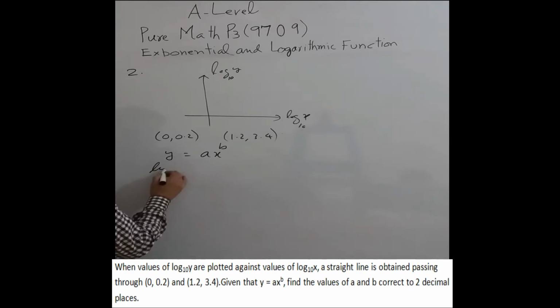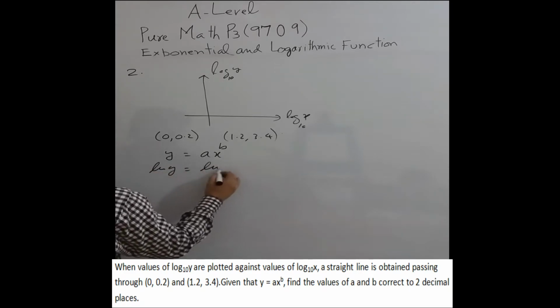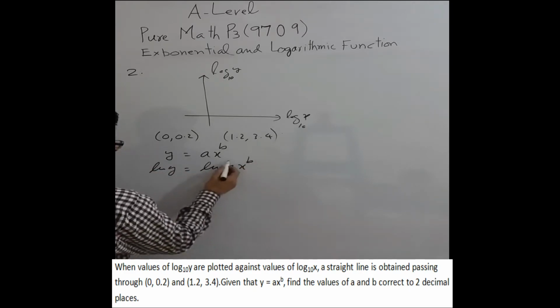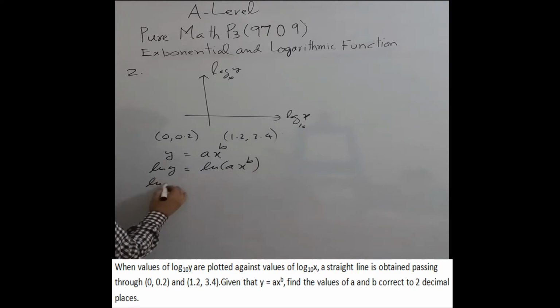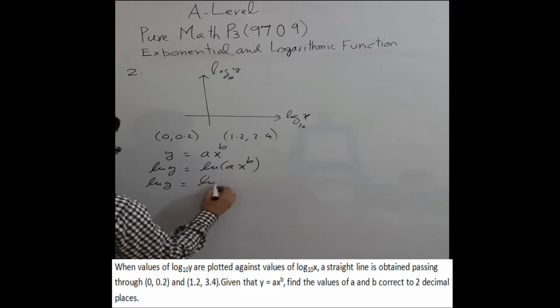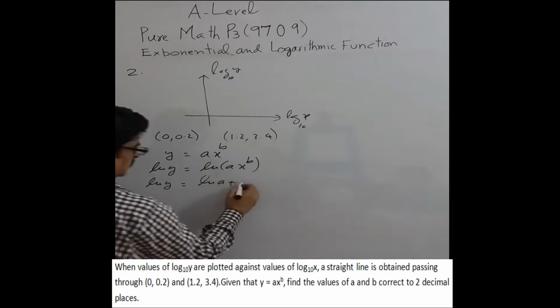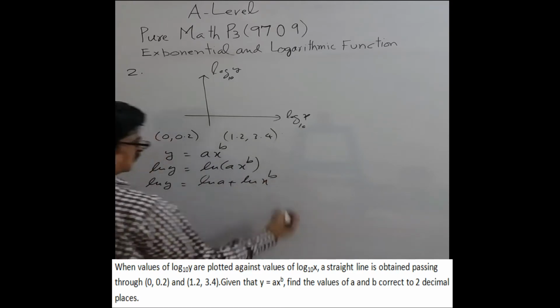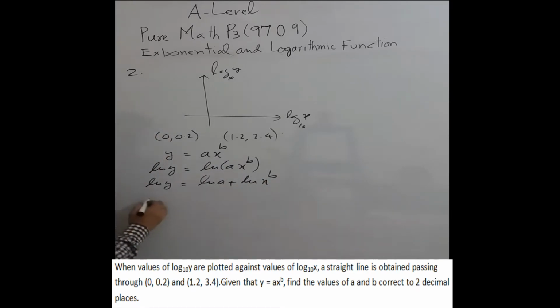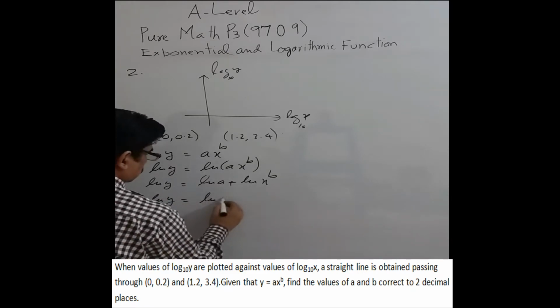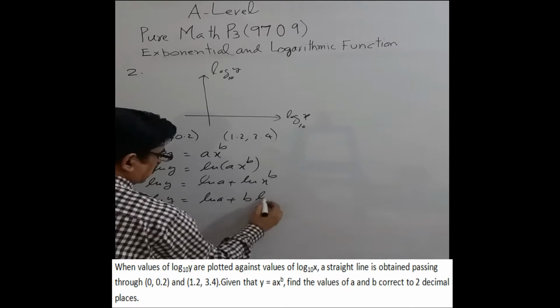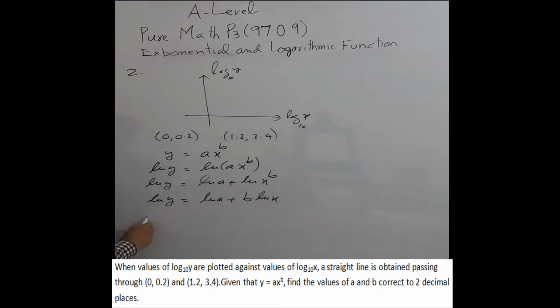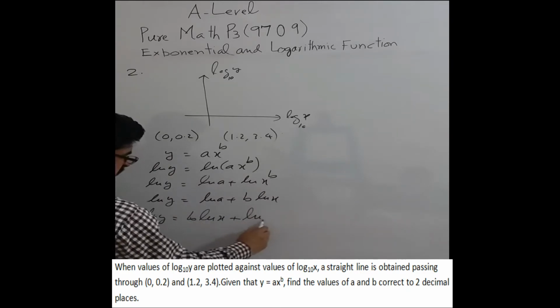Now taking log on both sides, we have to do this step in almost all questions. Applying the property of log, log of y is equal to b log of x plus log of a.